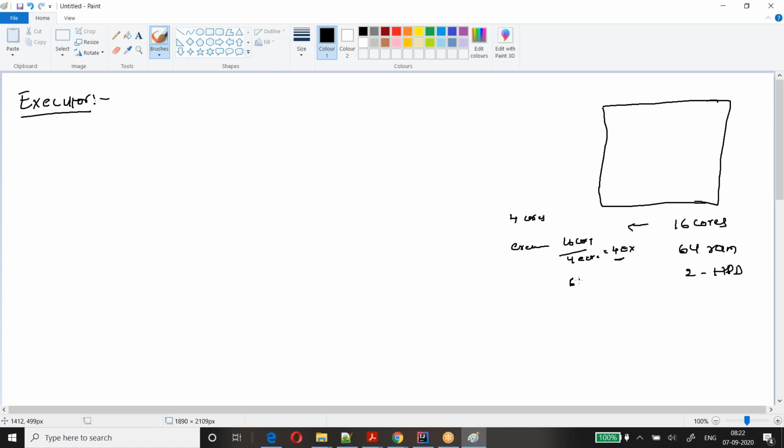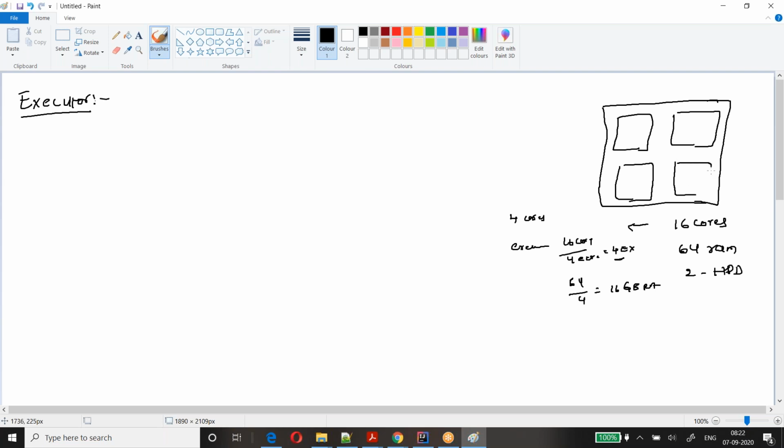So 64 GB RAM by 4 executors. So how much will you get per executor? 16 GB RAM. So it means you have 4 virtual machines in it. 4 virtual machines we divided.